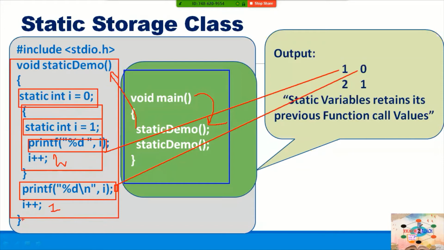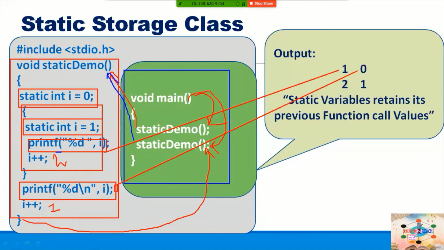Then, closing this, control will be back to the main function, and the main function will call static demo once again. So immediately a jump occurs from this place to the static demo function once again. In this case, the i variable is qualified as static, so it will not be reinitialized, but retains whatever values it had in the previous call.